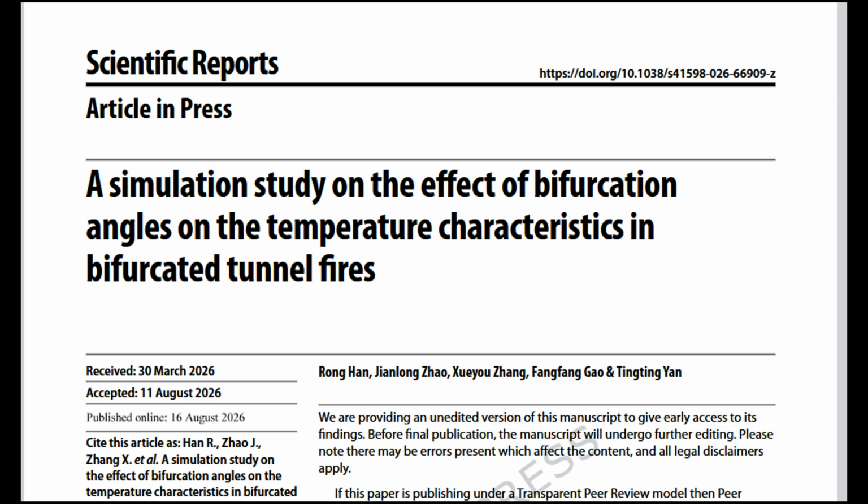The upstream and branch tunnel numbers. Interestingly, the upstream section behind the fire showed a completely opposite trend. As the bifurcation angle grew sharper, the cooling rate upstream actually accelerated very slightly.